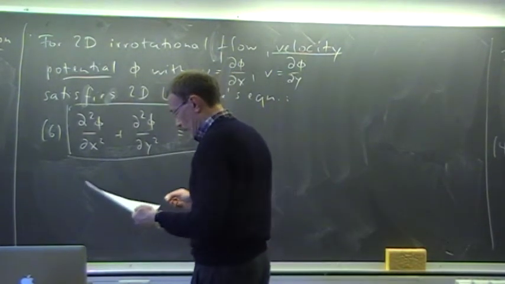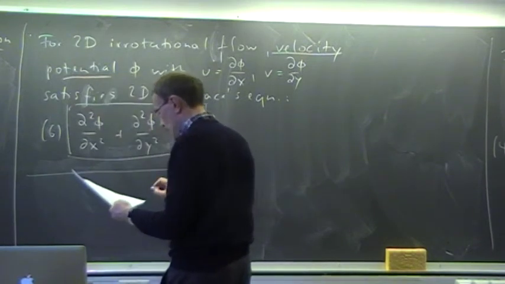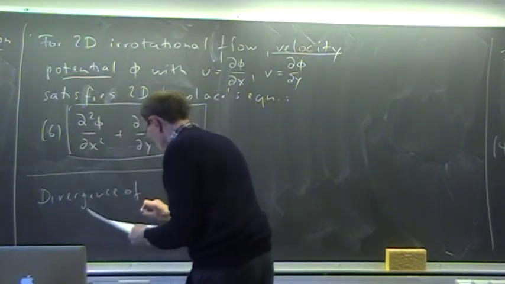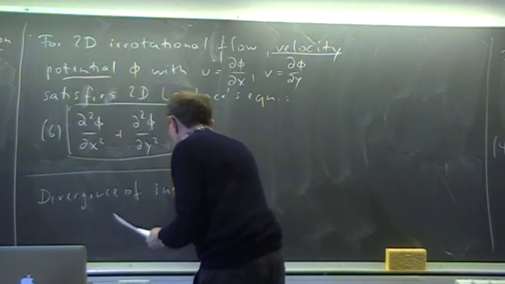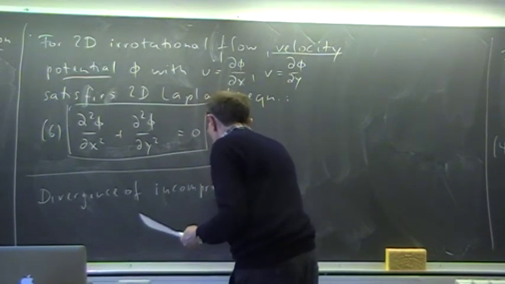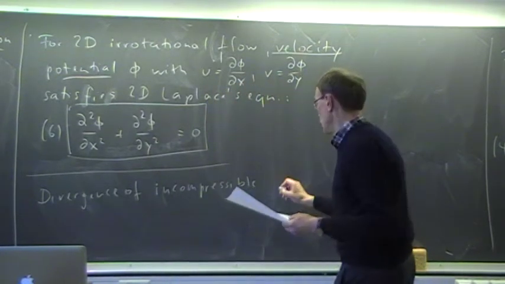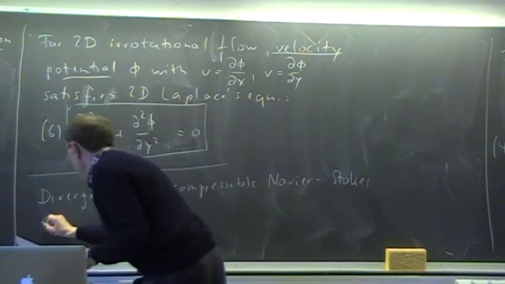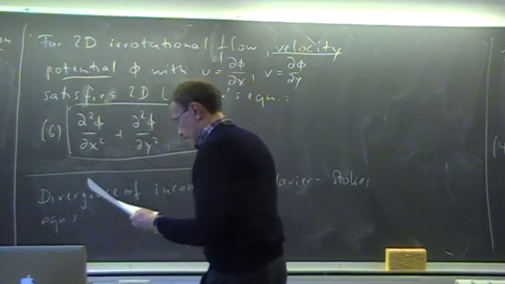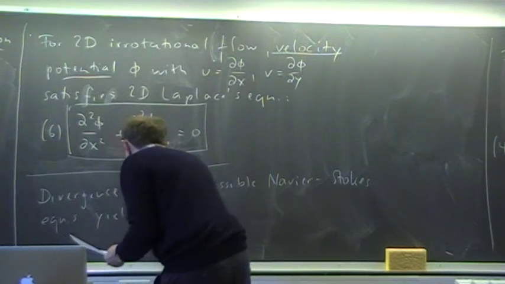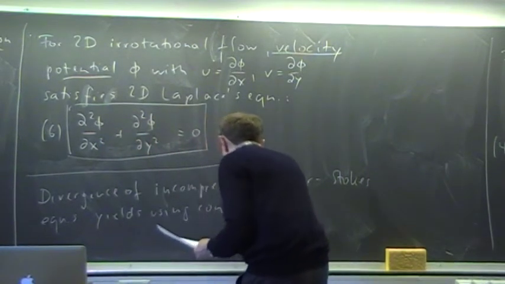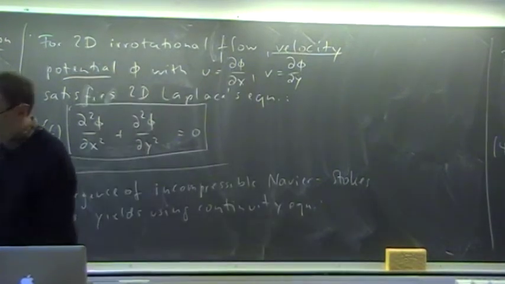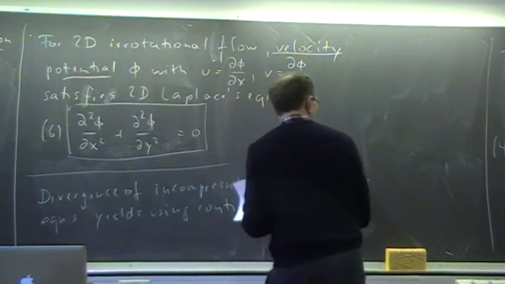But the following: if we take the divergence of the incompressible Navier-Stokes equations, by the way, what we also have been discussing here, incompressible flow, using the continuity equation, it yields the following. So let's see what we get.